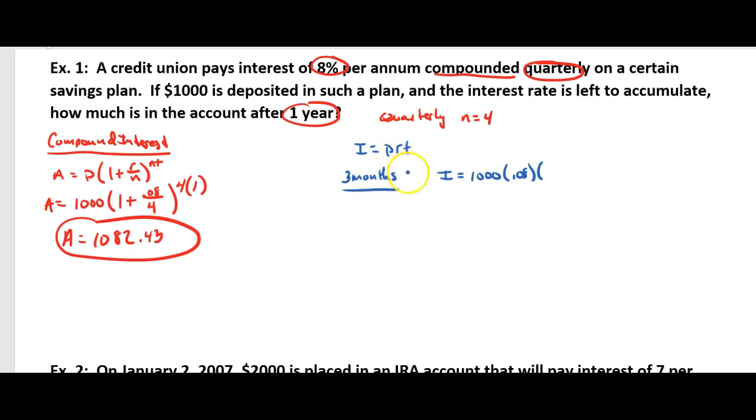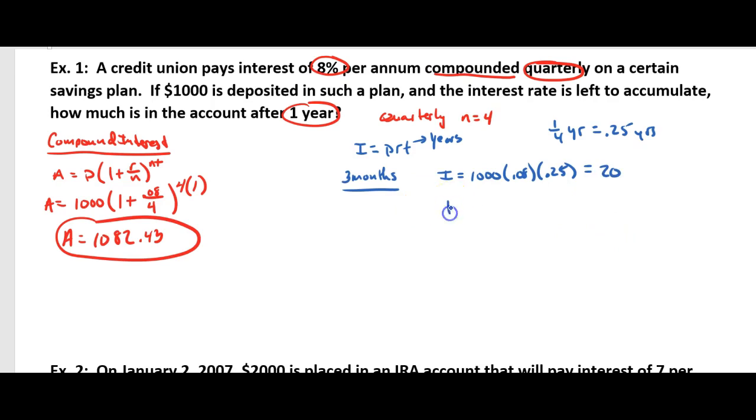But remember, the first 3 months, a quarter of a year, is equal to 0.25 years. So we're going to say your time, because time in simple interest is in years. Well, 3 months is a quarter of a year, so we're going to do that. When you calculate this interest, you get $20.